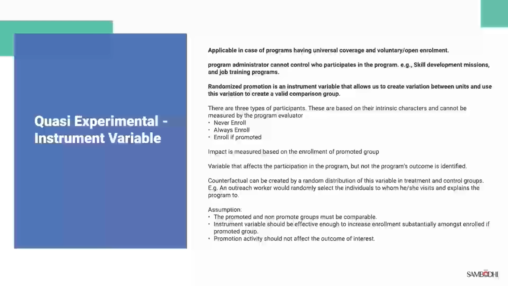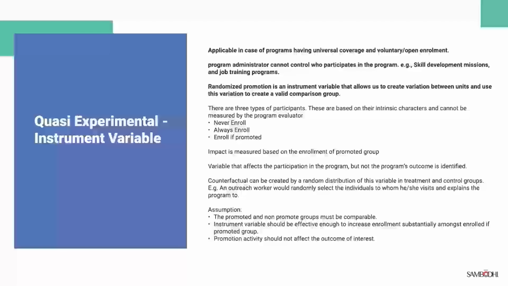When conducting the instrumental variable approach, the program administrator cannot control who will participate in the program. For example, skill development missions and job training programs. The randomized promotion is an instrumental variable that allows us to create variation between units, and this variation can be used to create a valid comparison group.